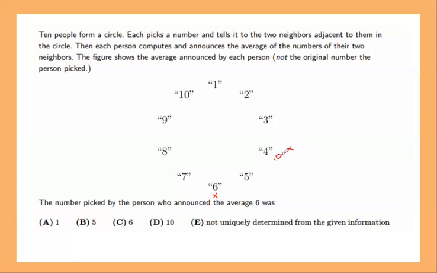Let's continue. If this is my average of the number right here and the number right here, the sum of those is twice this, but I have no idea about those two numbers, so it's not helping. But we can continue like this.